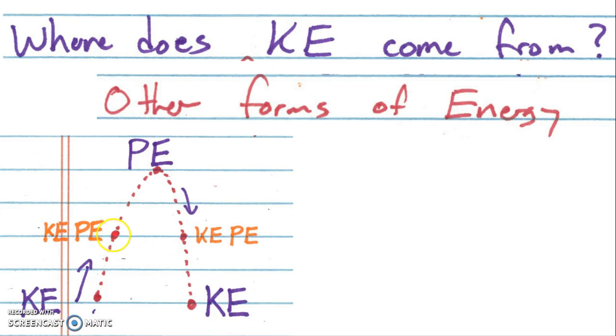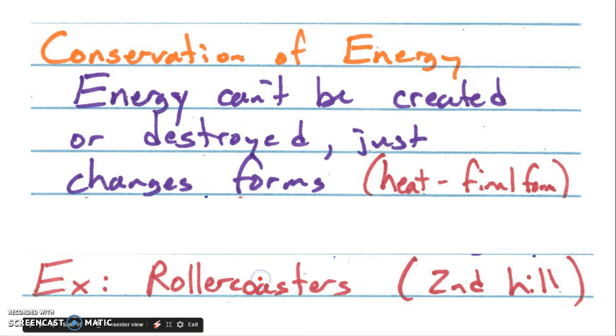At halfway, it's slowing down, which means it's gaining height, which means that some of its energy is potential, so that kinetic energy turned into potential energy. At the very top of the throw, it's no longer moving, so all of its kinetic energy is now potential energy. As it starts to accelerate, we gain more and more kinetic energy and lose potential energy until we have all kinetic energy back down at the bottom.